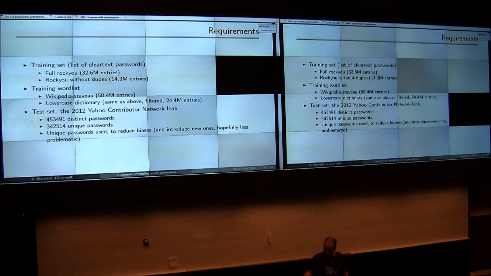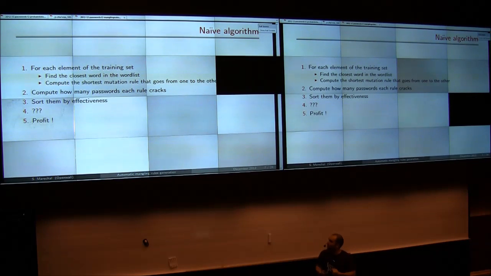And for training word lists, the famous Wikipedia list, and a lowercase dictionary, which is a previous list that I cleaned up a bit by removing all words with special characters and lowercasing everything. The reason is that I believe that if all your words are lowercase, then your rules will be more tailored to this dictionary, and we'll see if it was a good idea.